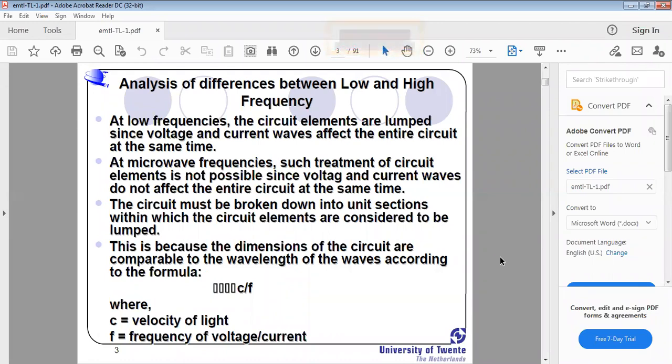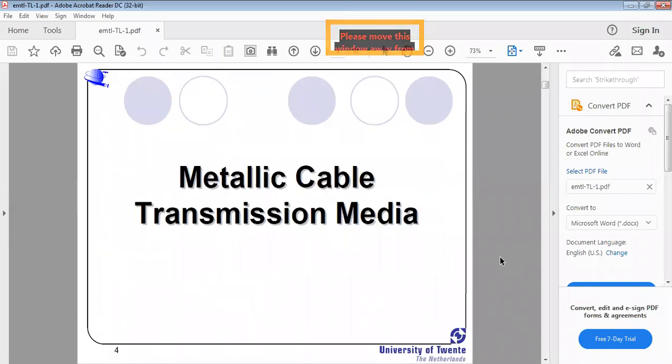Such a type of structure is required. That coaxial cable transmission line is able to carry frequencies up to around 30 megahertz. Remember that point. That is the key difference between the low frequencies and high frequencies, and here gives the relation between lambda, c and f. Lambda equal to c by f is the fundamental relation between wavelength and frequency.